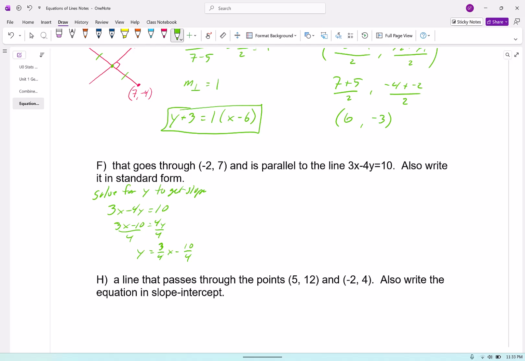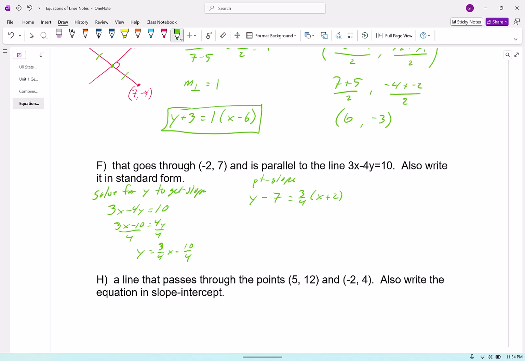Okay, I have a point that it goes through, so I'm going to use my point slope. So we have y minus 7 equals 3/4 (x plus 2). Okay, so that is my point slope form, but it's asking for standard form.